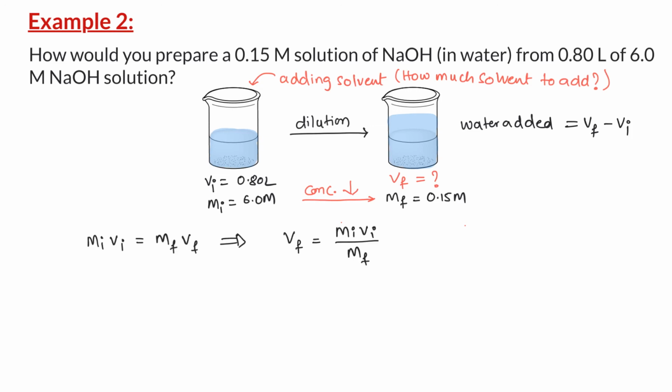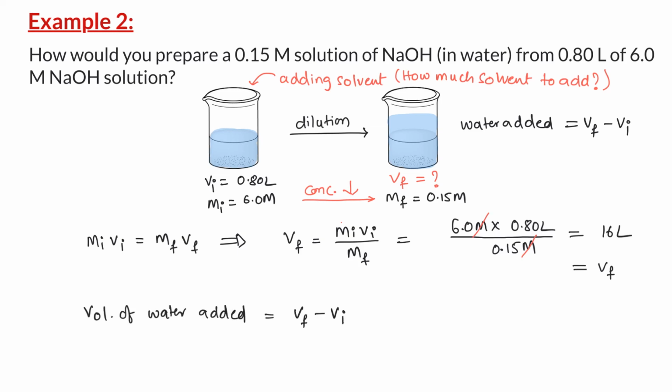If we rearrange the formula, V final is equal to M initial times V initial divided by M final. If we plug in the values, we get 0.80 liters times 6.0 molar divided by 0.15 molar. Molar gets cancelled, and if we do the math, we get 16 liters. This is the volume of final solution after dilution.